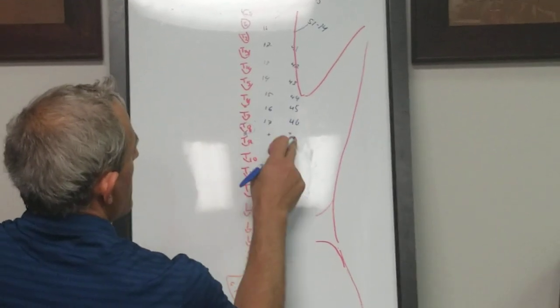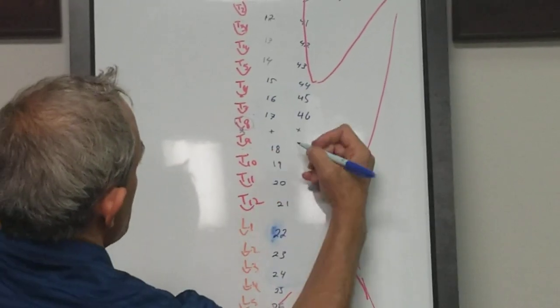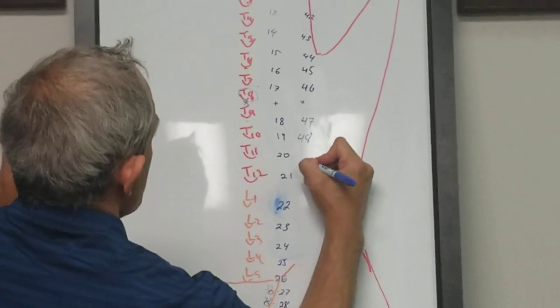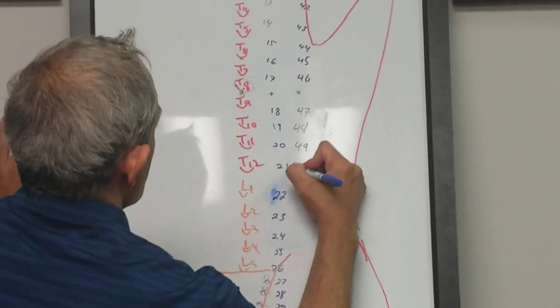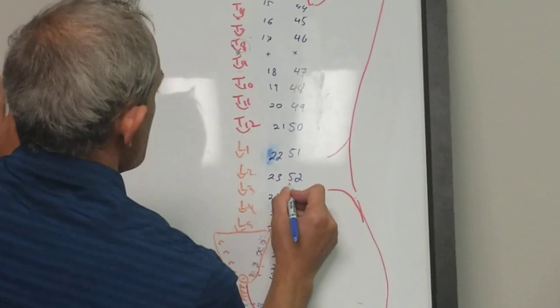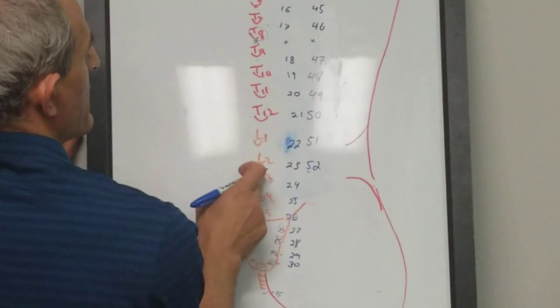Jumping over T8, there's none here. So T9 and 18 continue. So that's going to be 47. And then 48. And then 49 and 50.